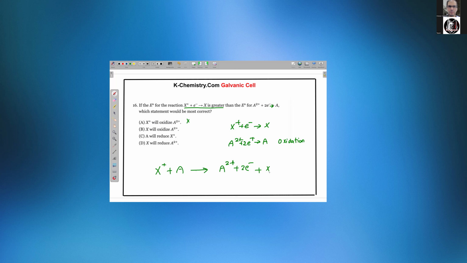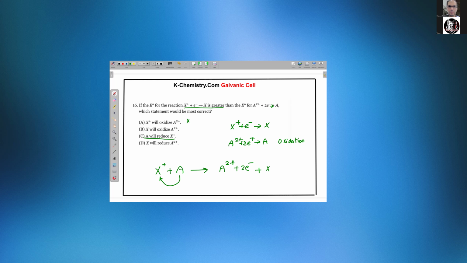This one displaced this one. So which one is oxidized? The A lost electrons and became oxidized, right? And what did it do to the X? It reduced X. So A will reduce X.